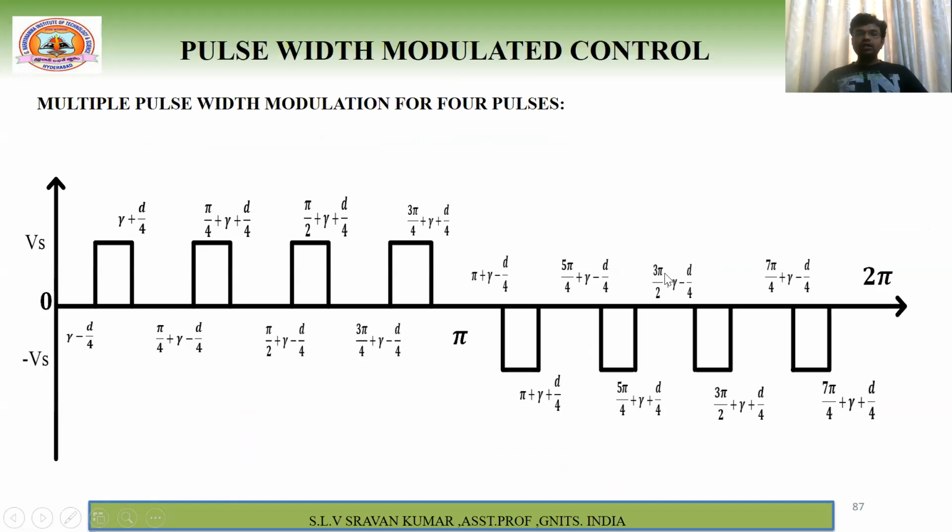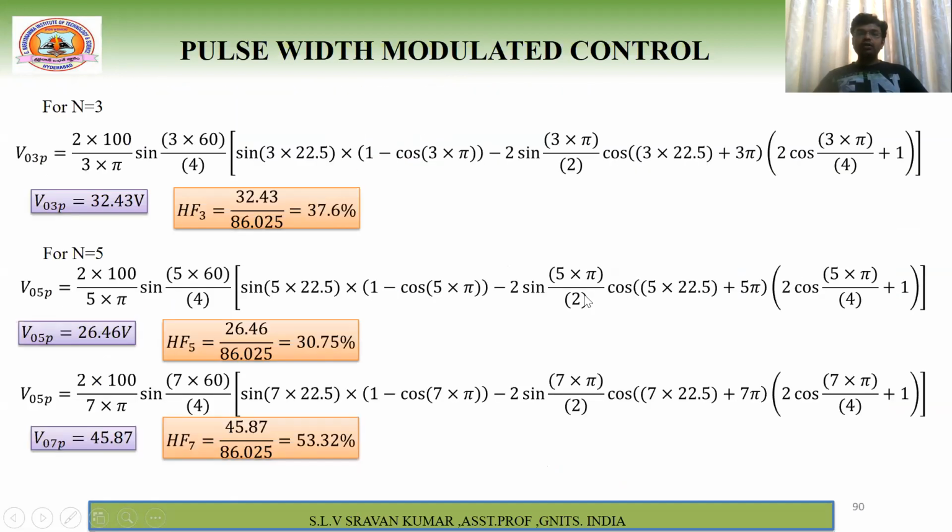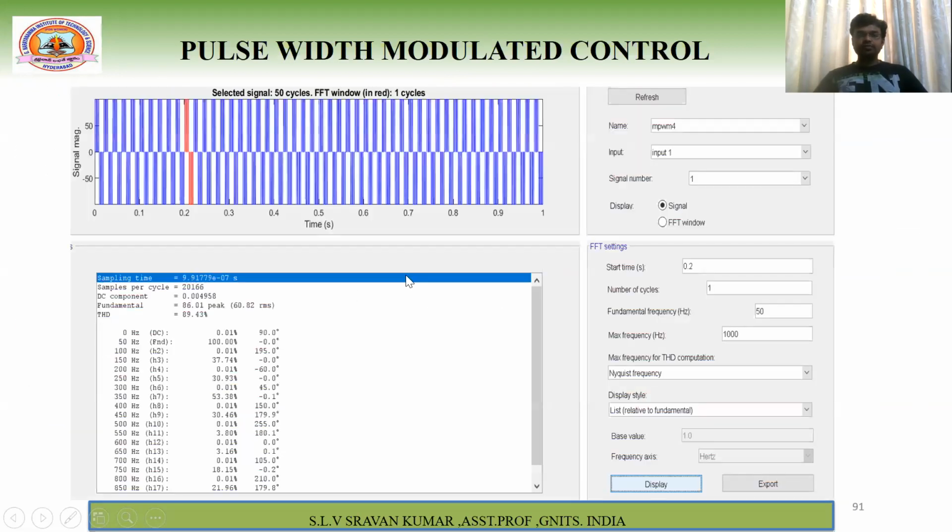So to overcome that problem, it is better to use sine PWM rather than this multiple pulse width. Because of using a constant reference value, lower order harmonics are still present, so the filter size will be very high. In case of sine PWM, the THD will be 95% or 96%, but lower order harmonics are almost zero, and the higher order harmonics can easily be eliminated by using a small filter.